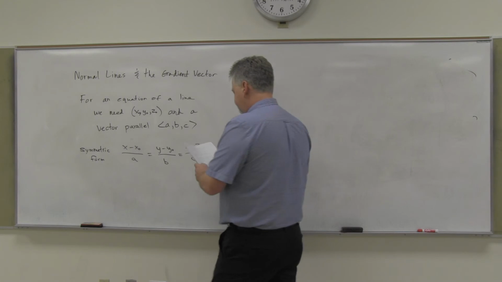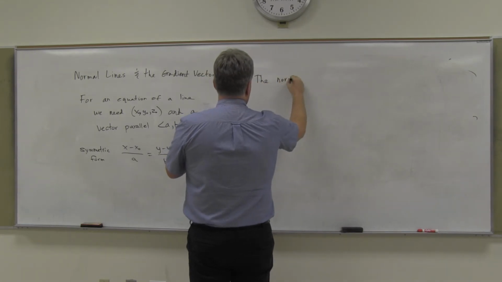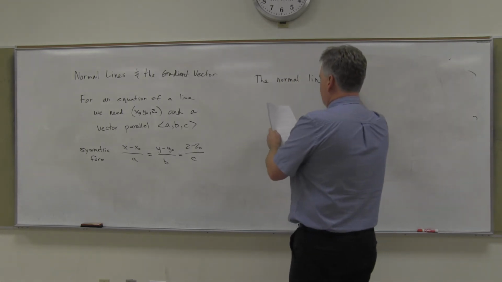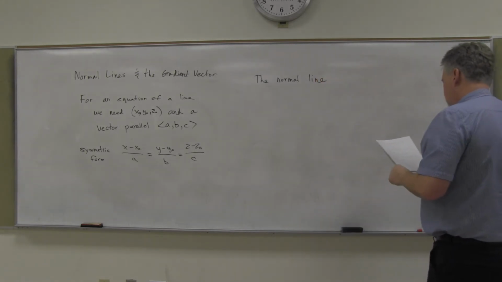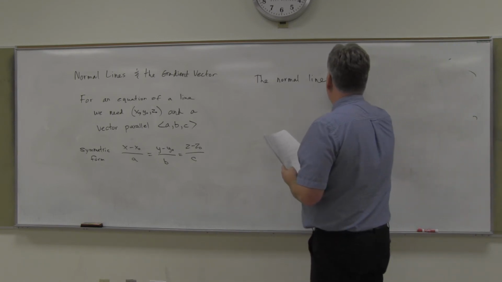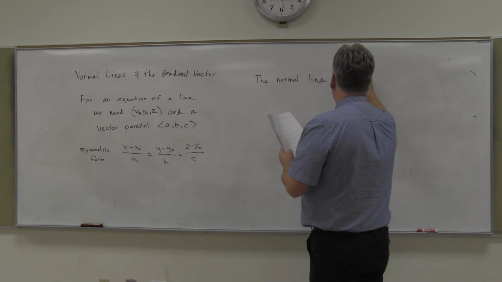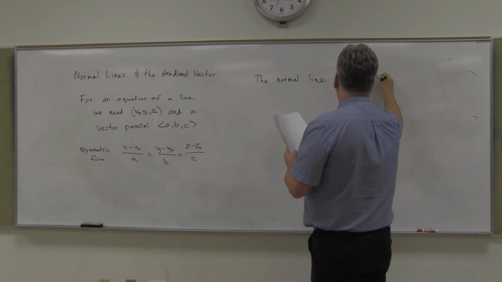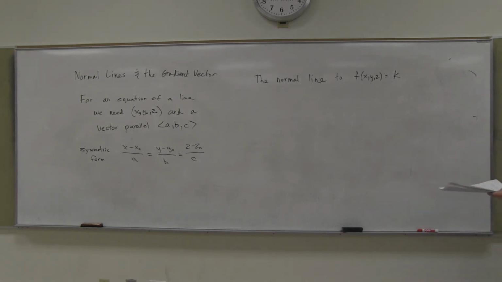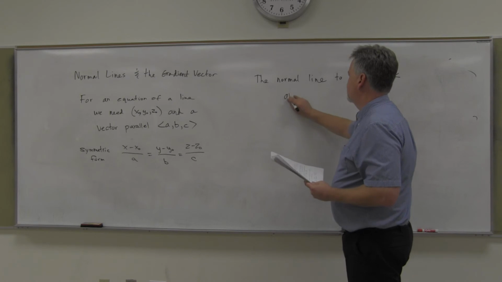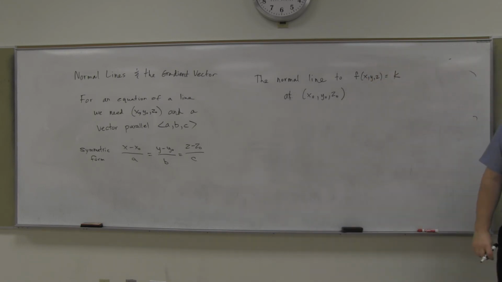Say I want the normal line to our surface here, F(x, y, z) equals some constant at x0, y0, z0.